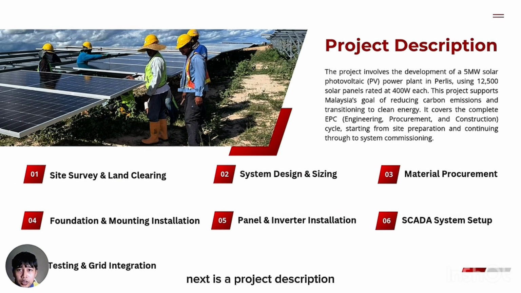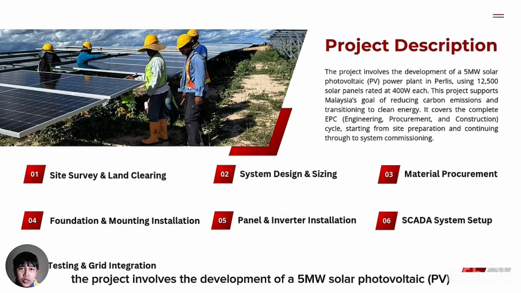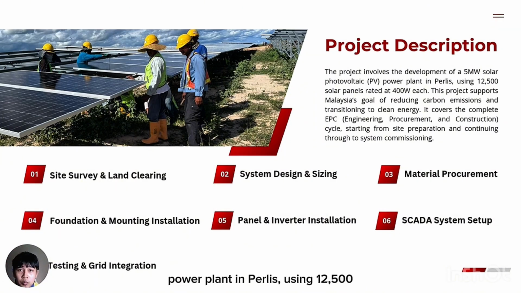Next is project description. The project involves the development of a 5 megawatt solar photovoltaic PV power plant in Perlis using 20,500 solar panels rated at 400 watts each.